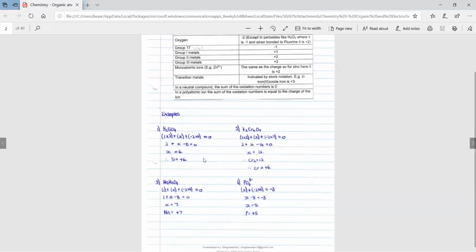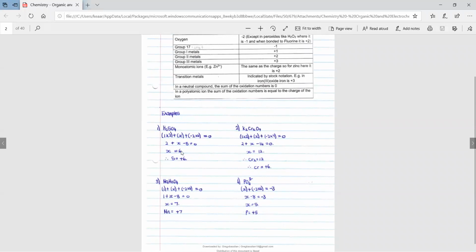Let's go through a few examples so that we can see. Here we have H2SO4, sulfuric acid. We want to figure out what sulfur's oxidation number is. We know it's neutral because there is no charge at the top, meaning the charge is 0.